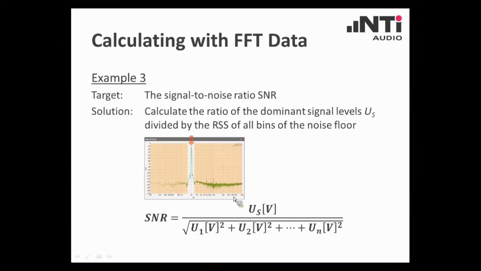So we divide the level of the fundamental signal by this RSS value of the noise. And that gives us the signal to noise ratio in linear unit. We can translate that into decibel by applying a logarithm to that overall result.